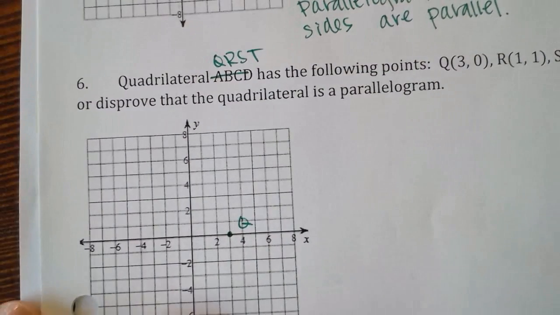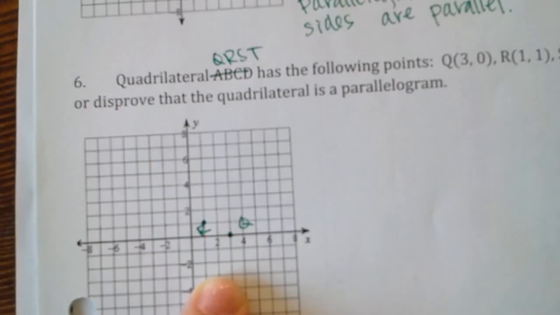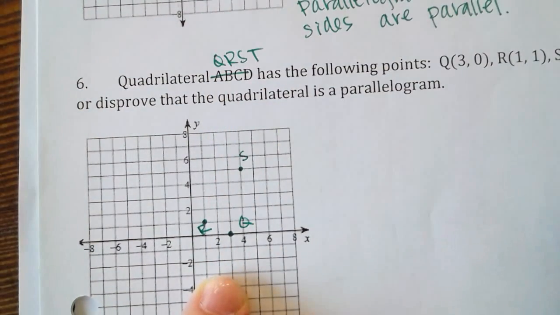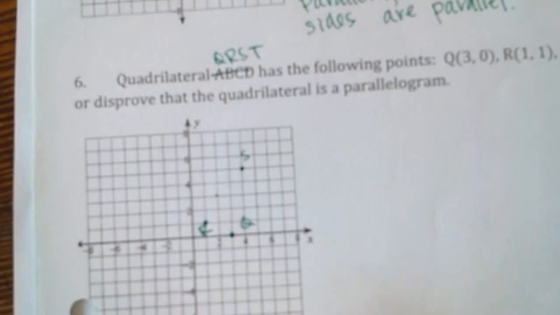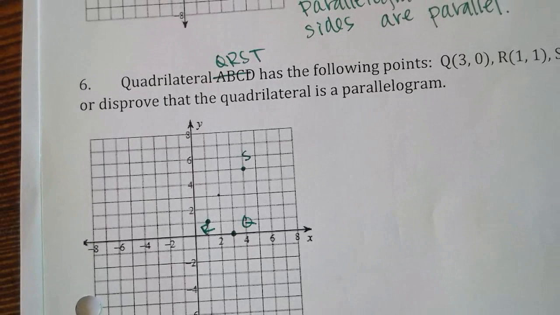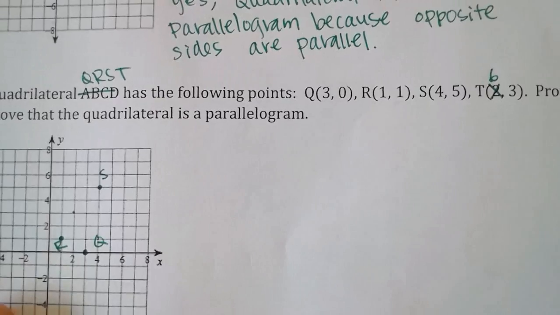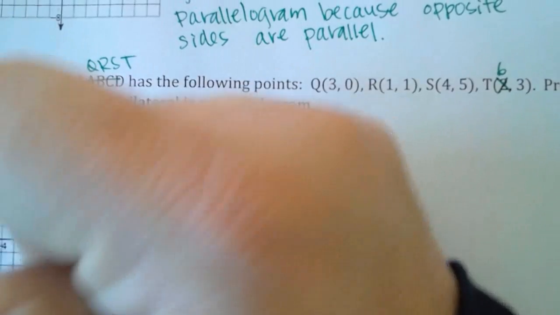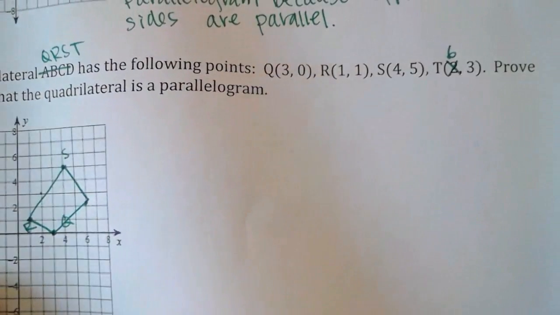Q is 3, 0, R is 1, 1, S is 4, 5, and T, ooh, typo, hold on. Change that to a 6, 3, not a 2, 3, sorry. So that's a 6, 3 instead of a 2, 3.